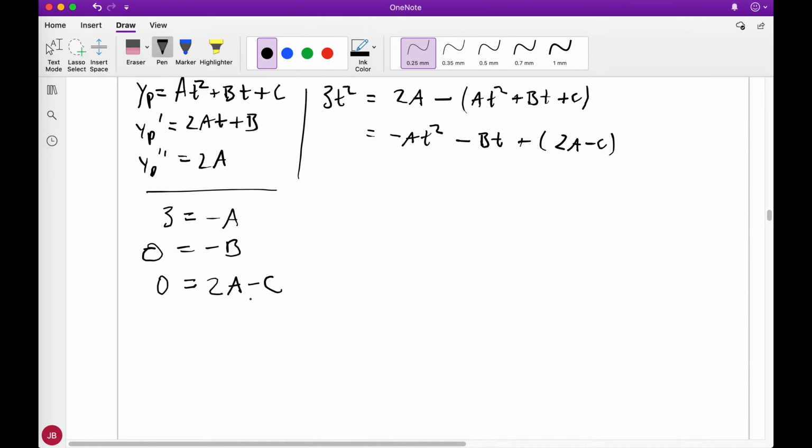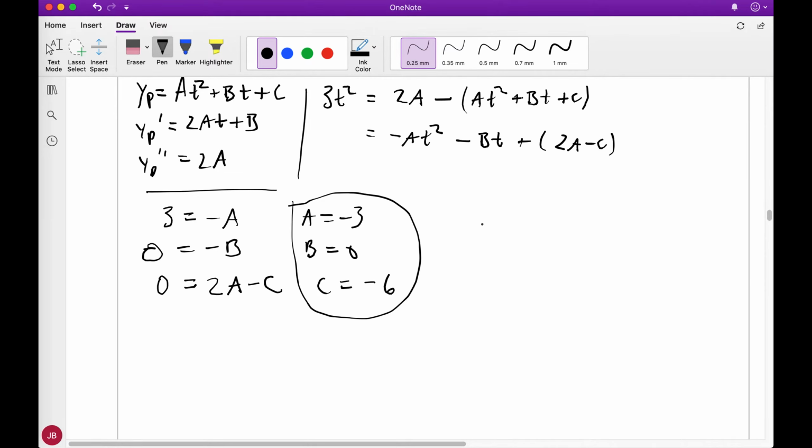So a is -3. I think that's pretty clear to see. b is 0. And now c, if I just add c to both sides, c is equal to 2a. Well, if a is -3, then c is equal to -6, right? Okay, well, that's pretty much it.